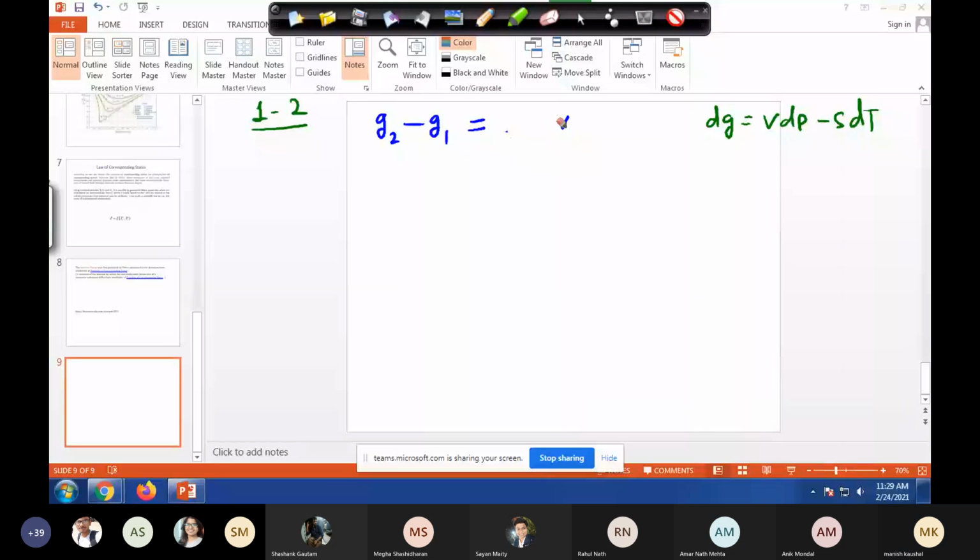Sorry. So how are we going to write it? Just a moment. If you are going from 1 to 2, of course there is a volume change. I'm just wondering how we will write it.